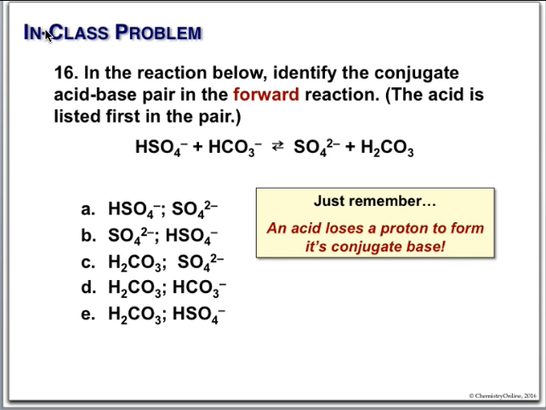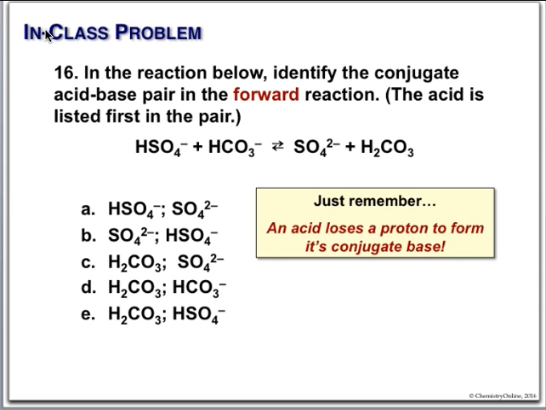Hydrogen sulfate loses its proton, gives it to hydrogen carbonate to form this. Hydrogen carbonate is a base. It accepts a proton. So this is our Bronsted acid. That's our Bronsted base.